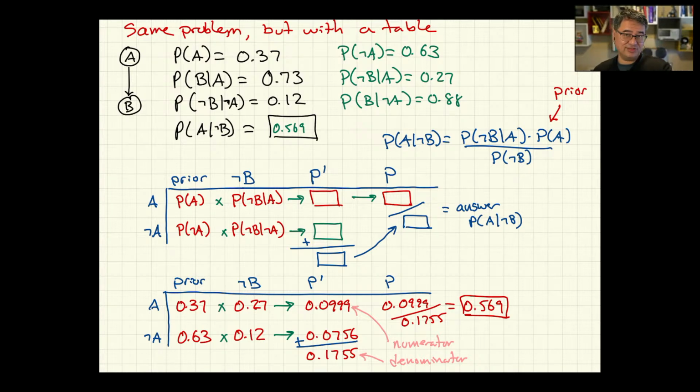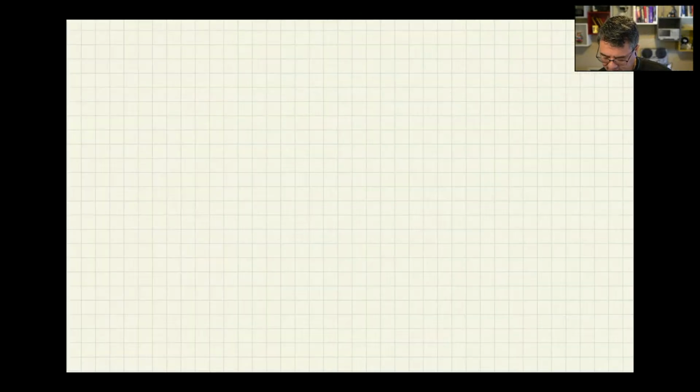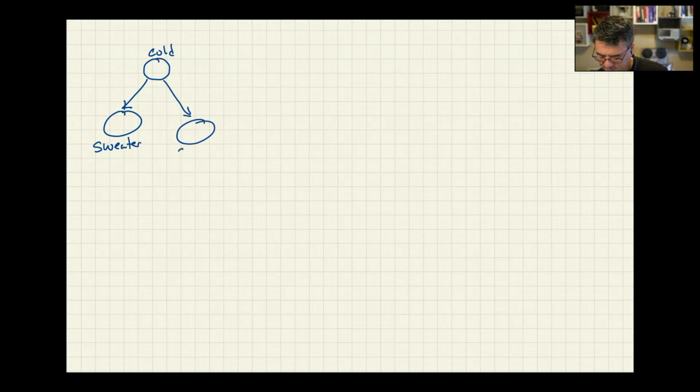So one of the cool things about Bayes' rule is it allows you to calculate all these wacky probabilities. Like I could start with some precondition like it's cold outside, and that might cause me to wear a sweater and want to drink some soup.